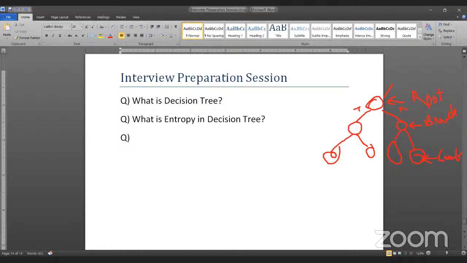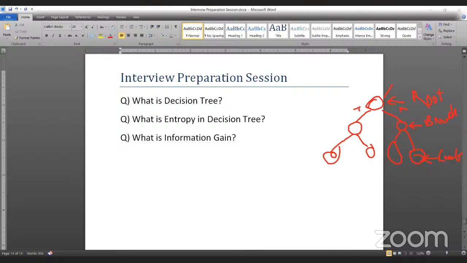So let's take another important question in decision tree. What is information gain? So what is information gain?